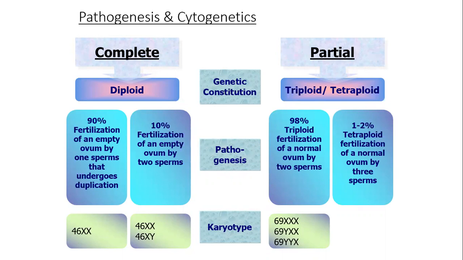So that's for the complete moles. For the partial moles, they're usually either triploid or tetraploid. The majority, about 98%, are triploid and occur from the fertilization of a normal ovum by two sperms. Then the remaining 1 to 2% is tetraploid and results from fertilization of a normal ovum by 3 sperms.